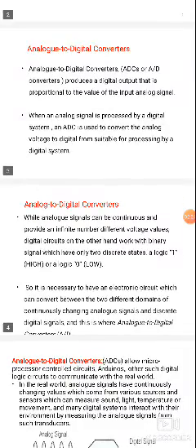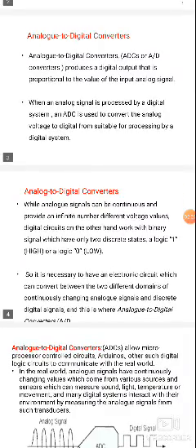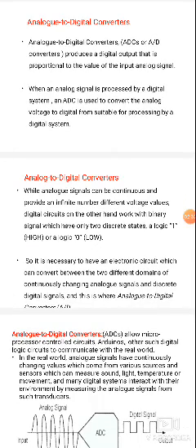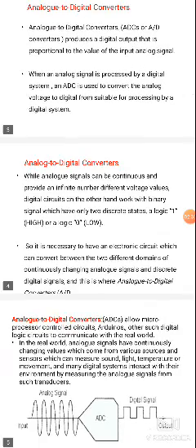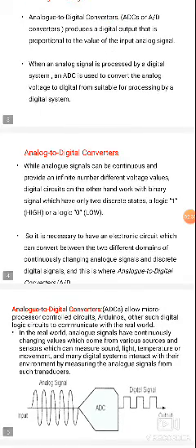The ADC produces a digital output that is proportional to the value of the input analog signal.